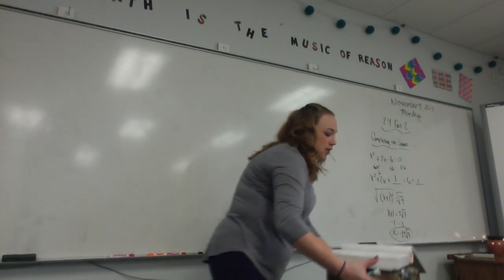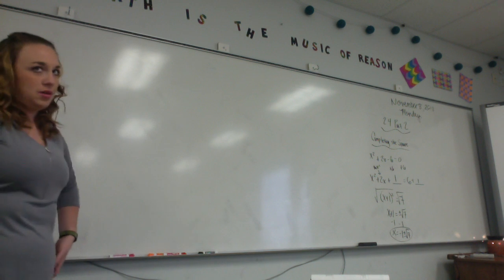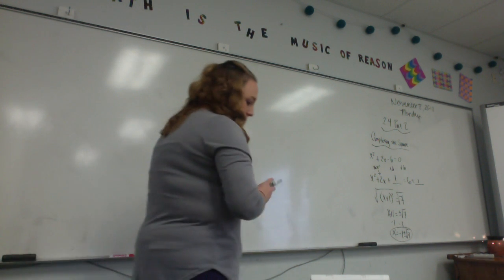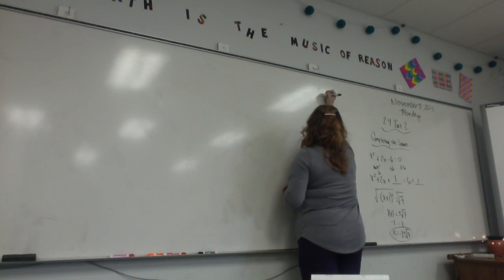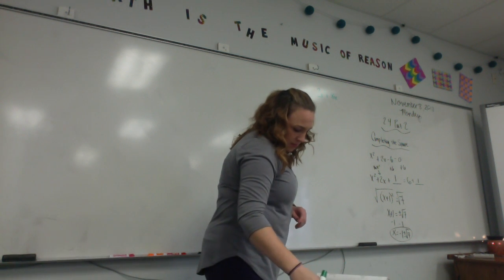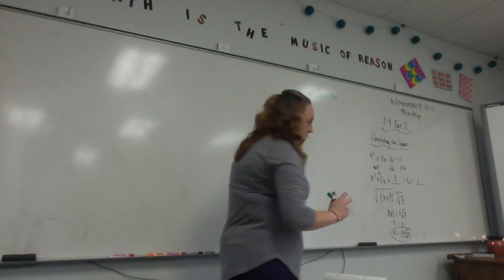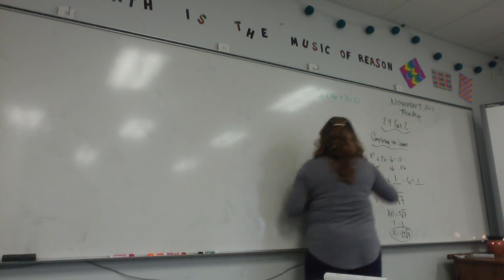Now, let's talk about completing the square when my leading coefficient is not 1, because it becomes more complicated. 2x squared plus 8x plus 3 equals 0. Is this factorable?